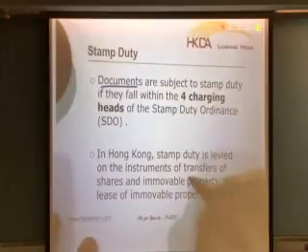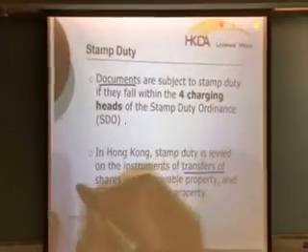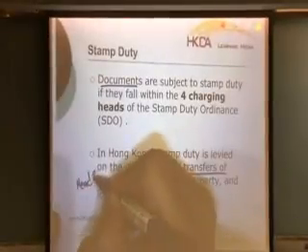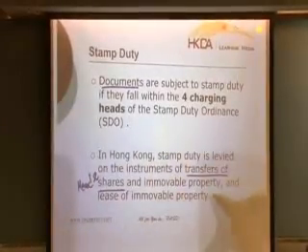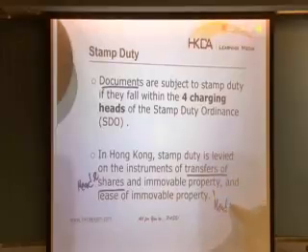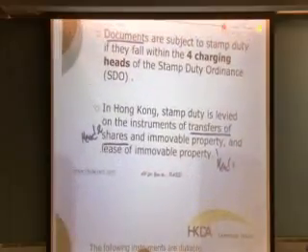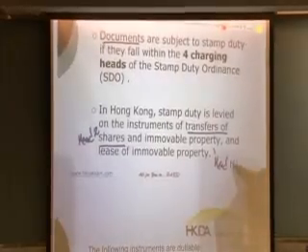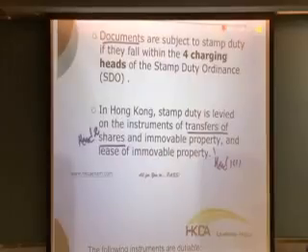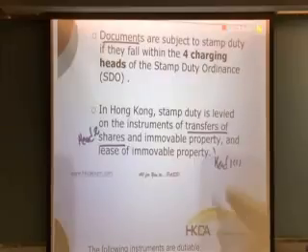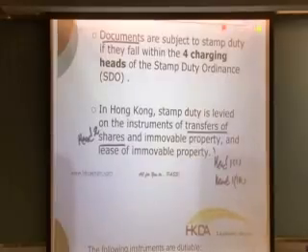Okay, apart from that, what are the common head of charge? Transfer of shares, which is in head 2. Non-residential property, that is industrial and commercial buildings. And then head 1A, which is residential property.